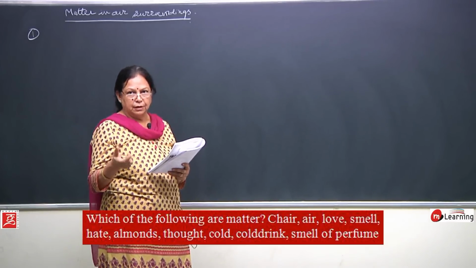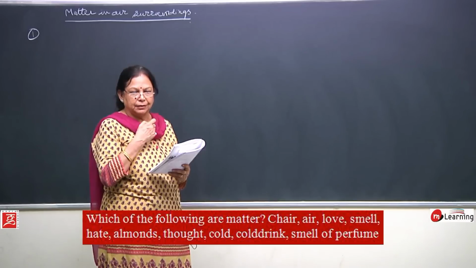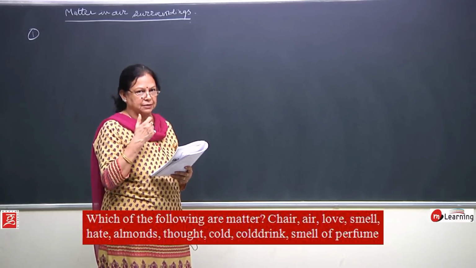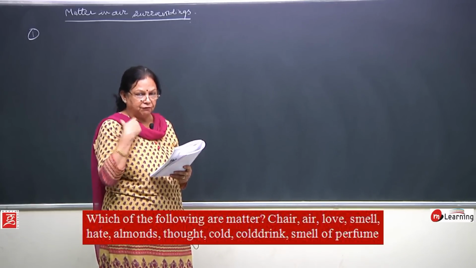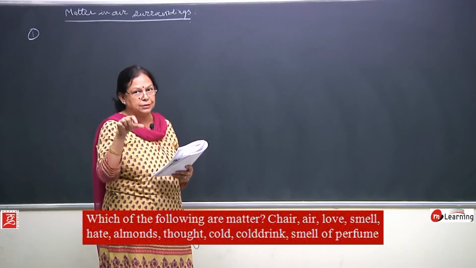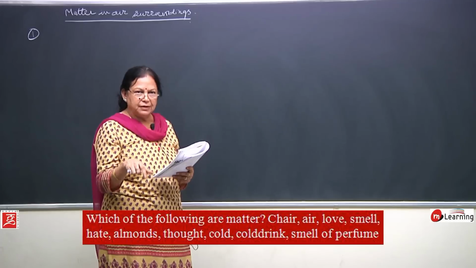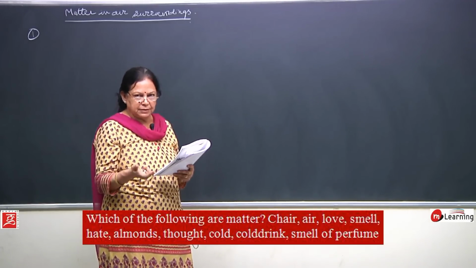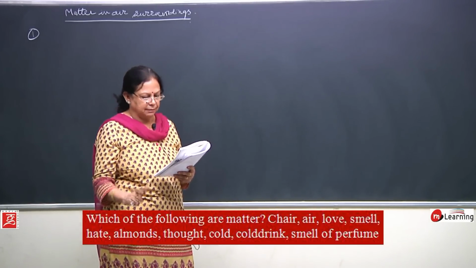Smell, of course. If I say that a good smell is coming, how is it coming? I am feeling it, but how is it coming? It is coming in air, it is dissolved in air. So if it is present in air, it means it has mass and occupies some space, so it is matter.